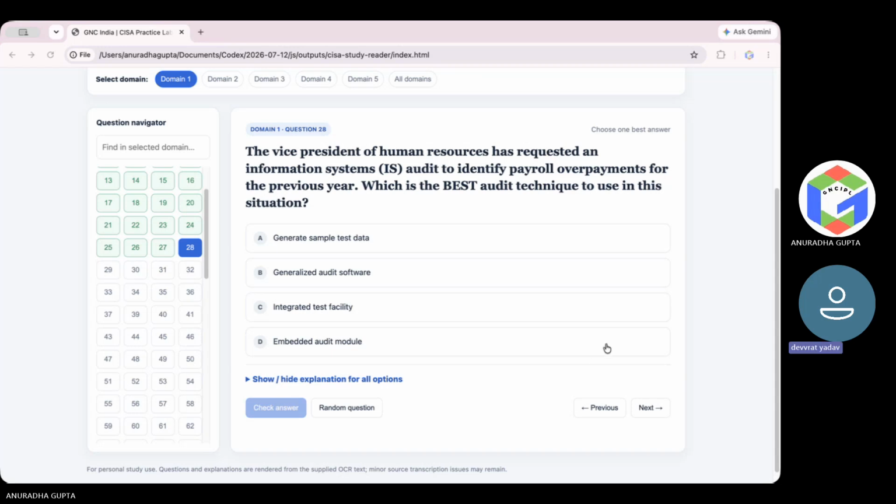The Vice President of Microsoft has requested overpayment. This is the requested payroll overpayments. That's what this is.